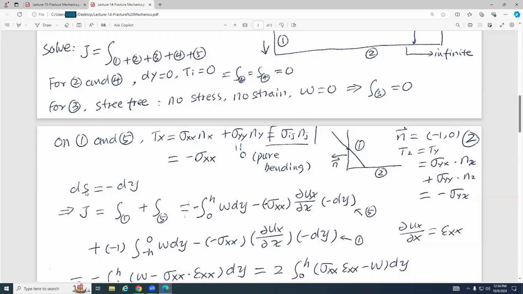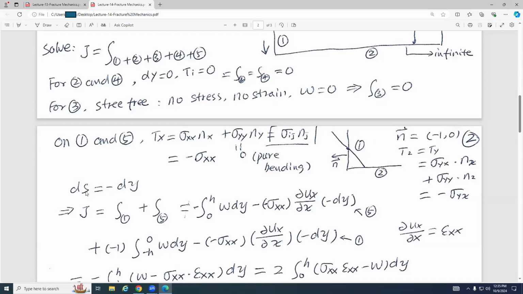This is x and y. So here is a dy, this is dy, this is ds. Keep in mind, my gamma direction is going down, otherwise ds equals dy.